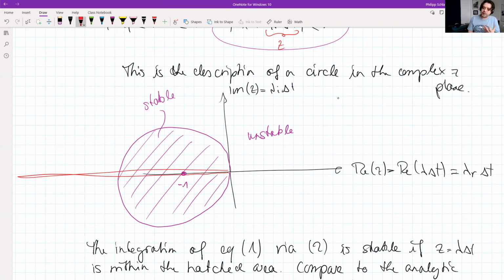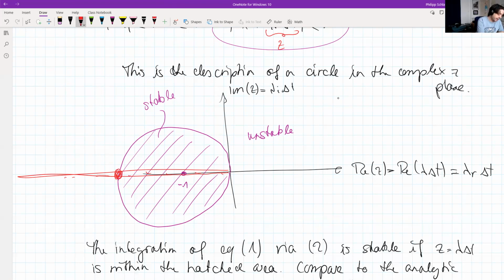And that means for me that I just need to make sure that lambda times delta t is somewhere along the negative real axis. And that then clearly shows that I cannot choose delta t too large, because if delta t is too large, I will end up outside of the circle. So I get a clear limit of this value here, which defines me the largest possible time step that makes this system stable.